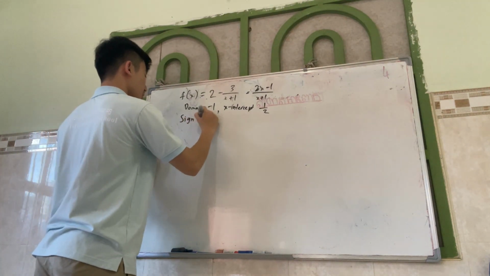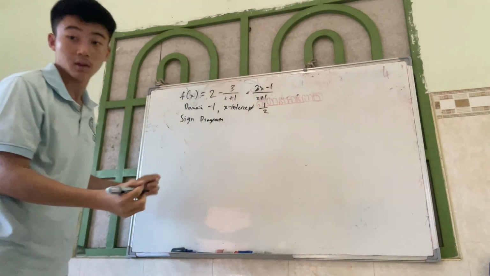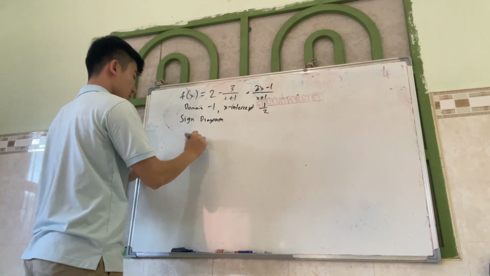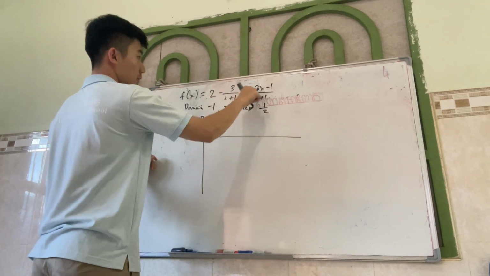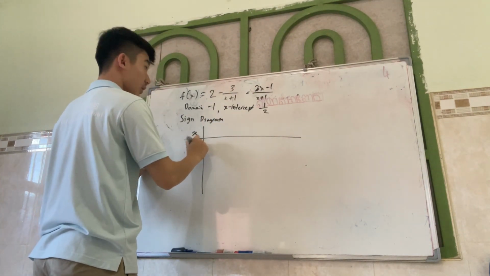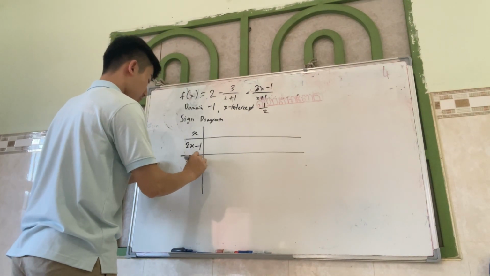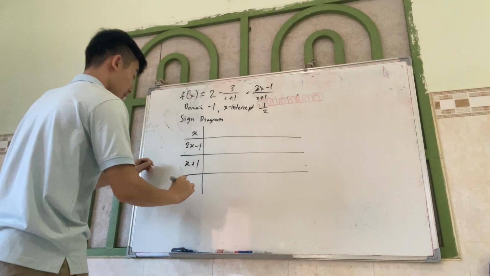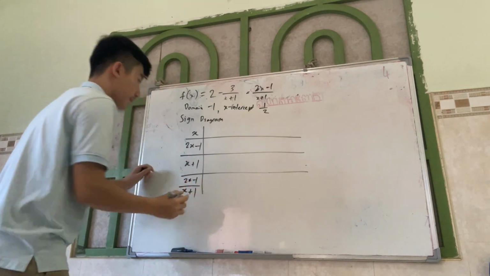Now we do the sign diagram. So we have x, and the next rows are 2x minus 1, x plus 1, and 2x minus 1 over x plus 1.